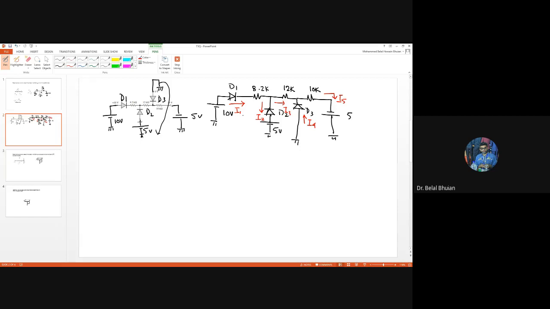In that case, I1, I assumed it to be flowing from P to N, but I2, which direction have I assumed?